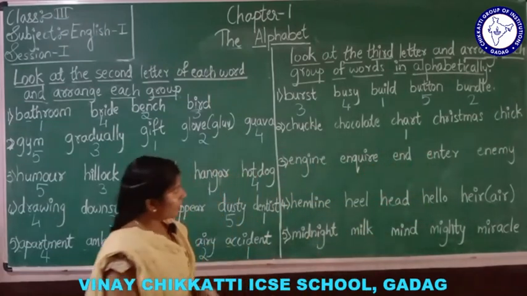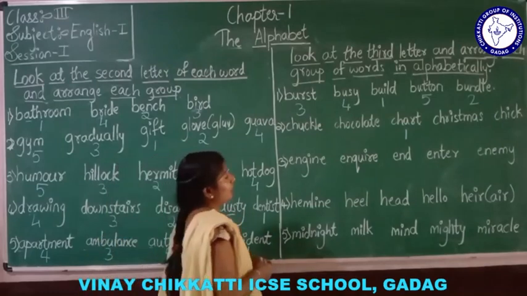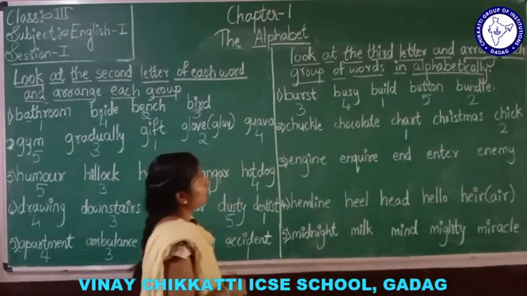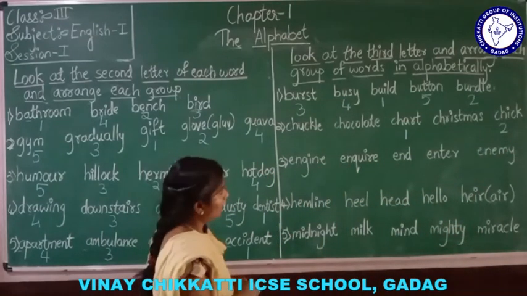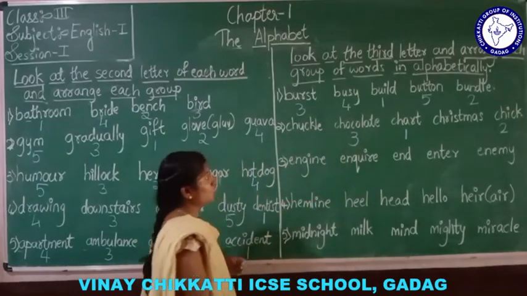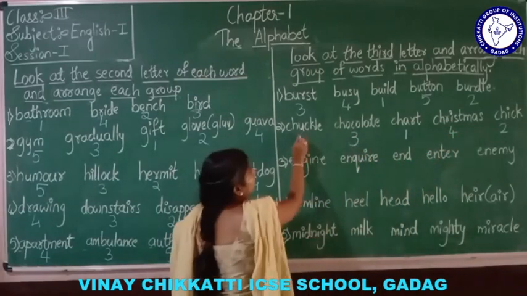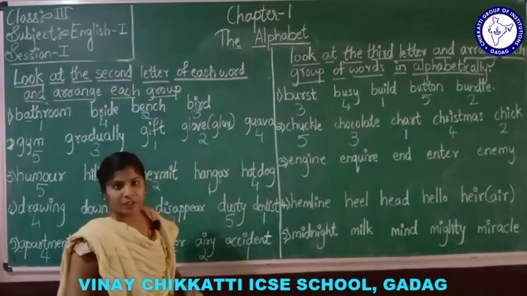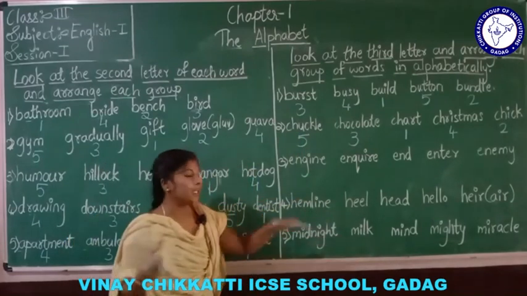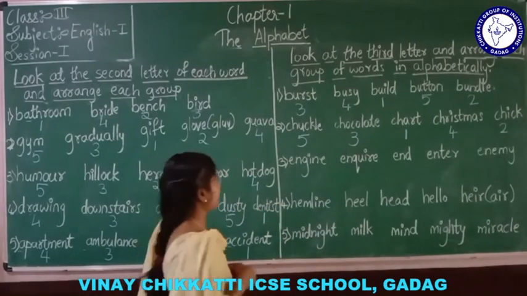Next, A, B, C, D, E, F, G, H, I, J, K, L, M, N, O, P, Q, R, S, T, U. Understood? Do this by your own and check the answer whether it is correct or wrong. Okay, I'll do this. Just check your answer.